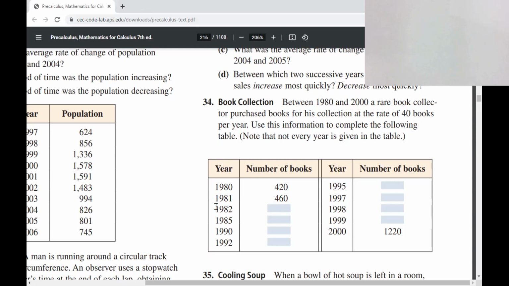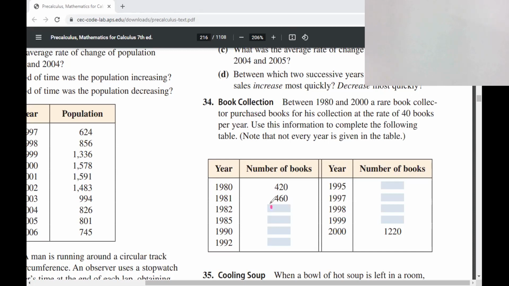What is 1982 then? 500. Okay. 500. So my next step is 500.